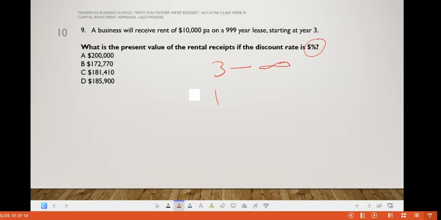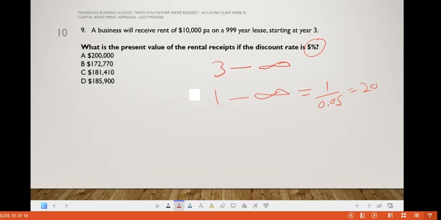From year 1 to infinity, the PV factor was going to be 1 over 0.05, which is the ordinary perpetuity formula, and this should give us 20.